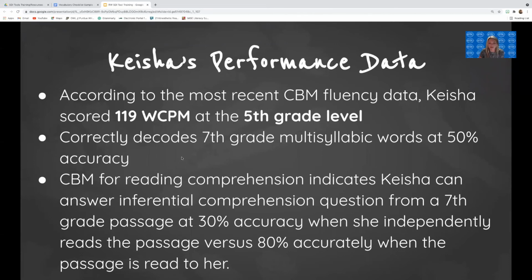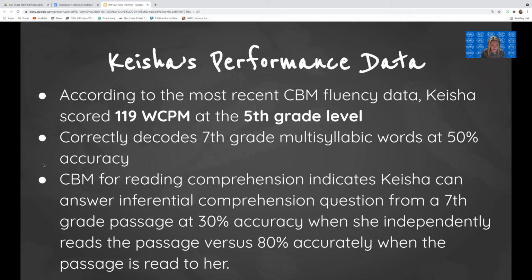She can decode 7th grade multisyllabic words at half the time. Her reading comprehension indicates that she can infer at 30% accuracy when she's independent reading. And if she is read to, it's 80%. So that is a big difference.